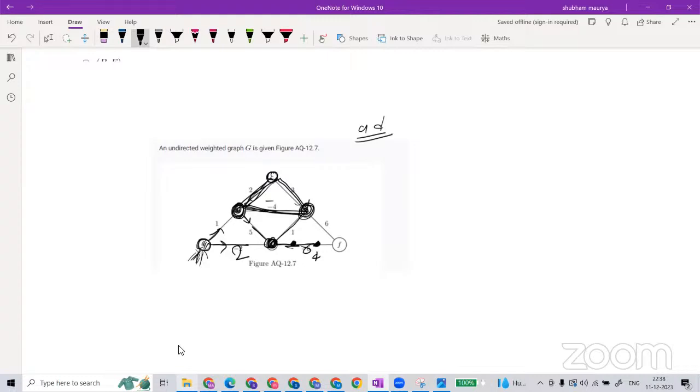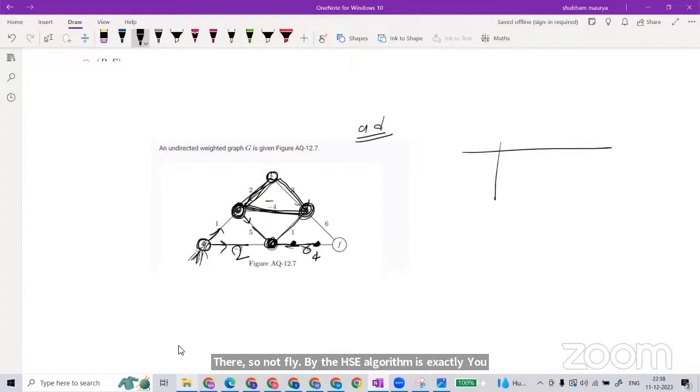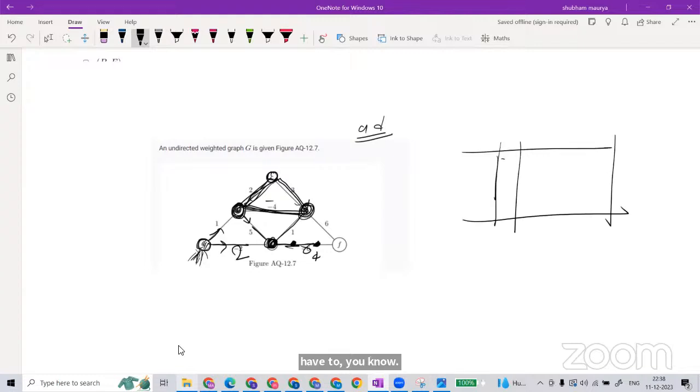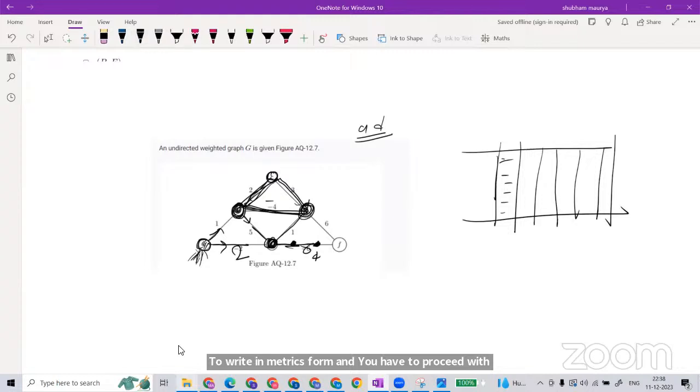Floyd-Warshall algorithm is exactly you have to write in matrix form, and you have to proceed with weights, in the sense that we start updating.